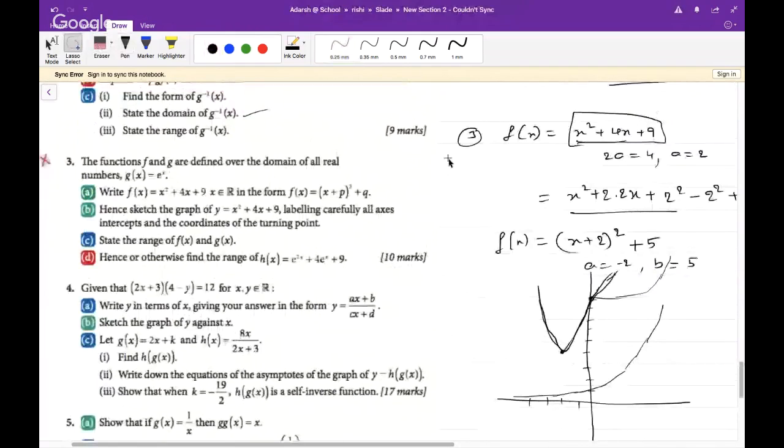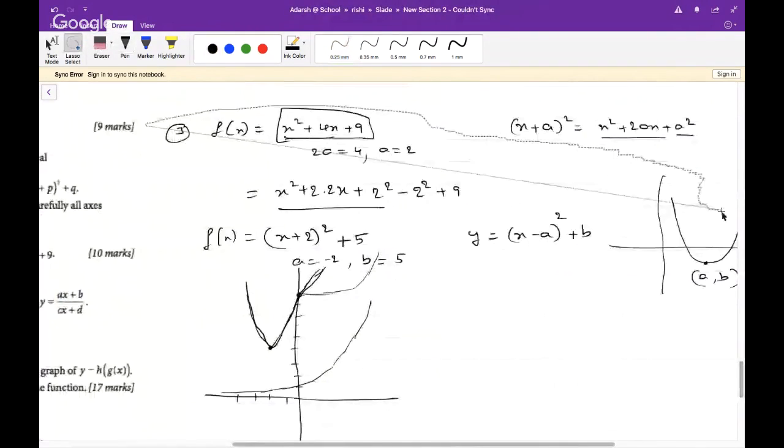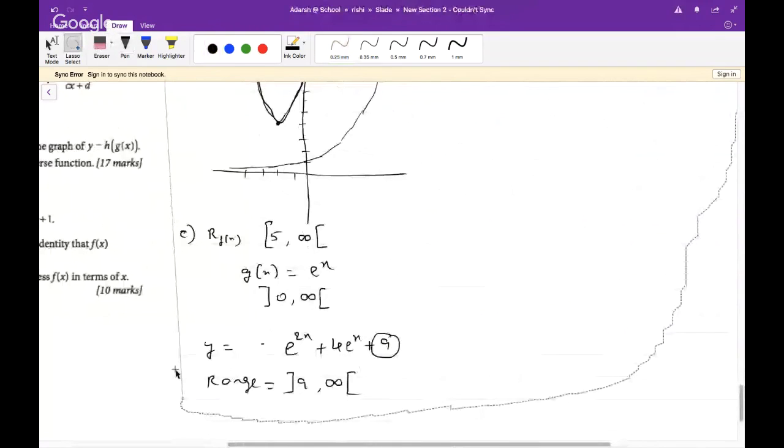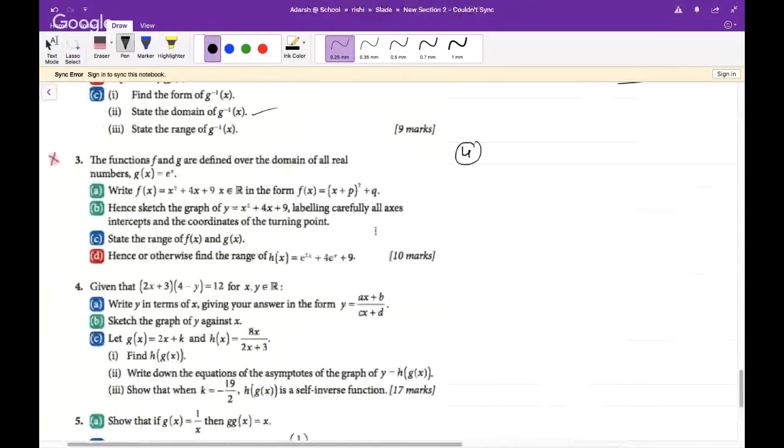Then let's do the next, fourth question. Now the fourth question is (2x plus 3)(4 minus y) equals 12. So we have to convert this equation in terms of y.